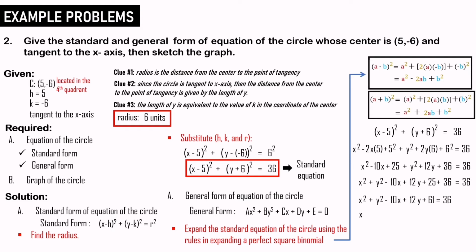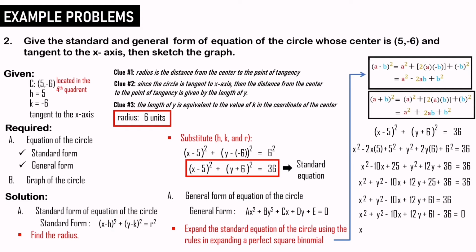So, x squared plus y squared minus 10x plus 12y plus 61. Ato ning ibalhin ang 36 diri sa sulod, no? So, mahimo siyang negative. So, mahimong minus 36 is equal to 0.